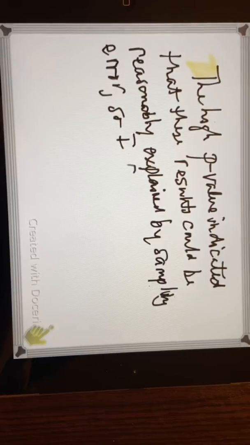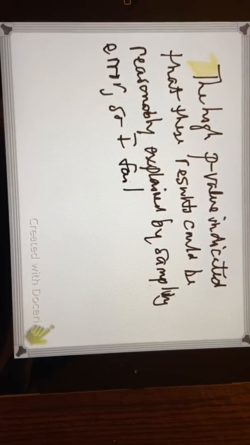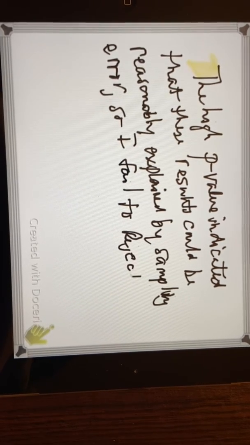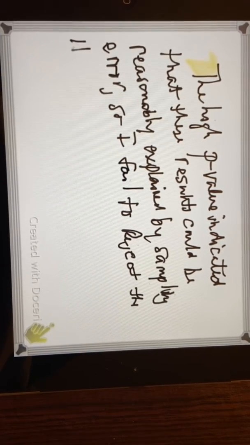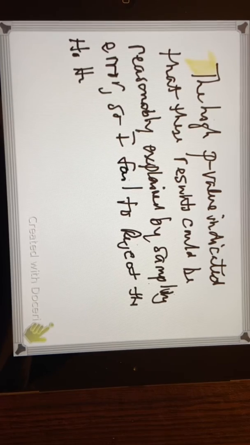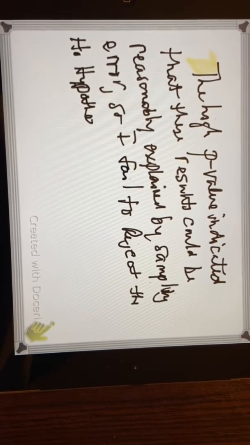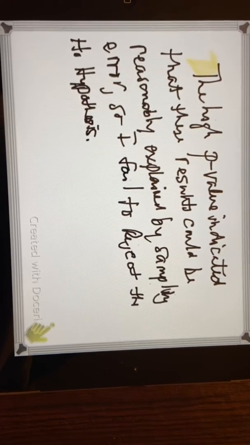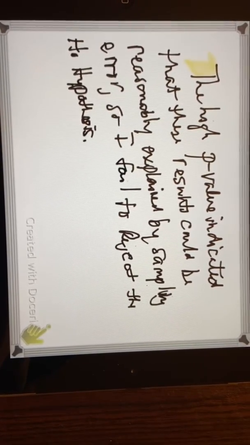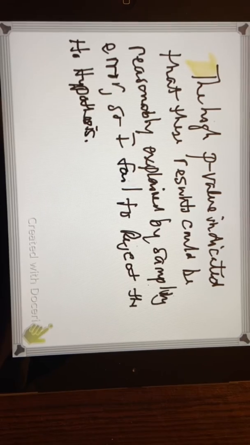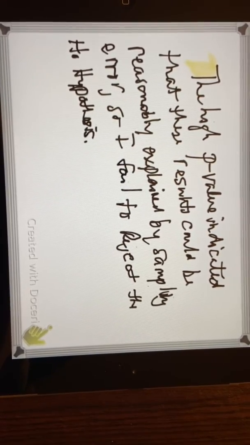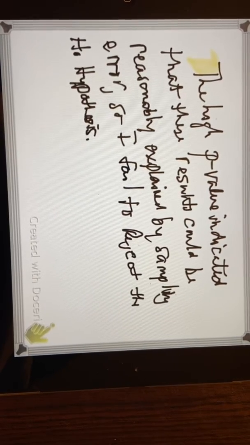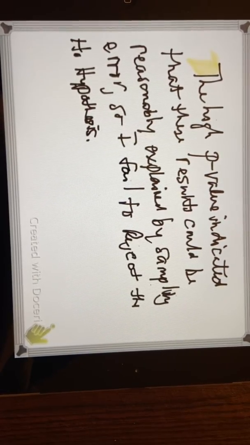So I fail to reject the null hypothesis. Okay? And so, in other words, our goal is, when we do that research, we don't want our movement from the mean to be due to just sampling error.